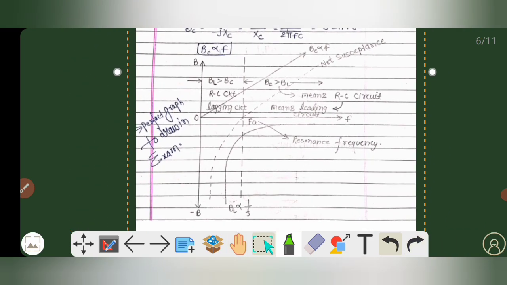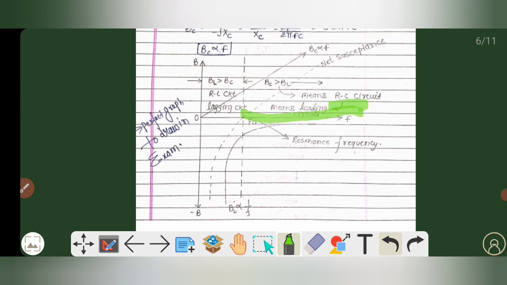This is the frequency axis, and this is the susceptance axis. This shows that BC is directly proportional to f, and this shows that BL is inversely proportional to f. Now my dear friends, this point indicates the resonance frequency.